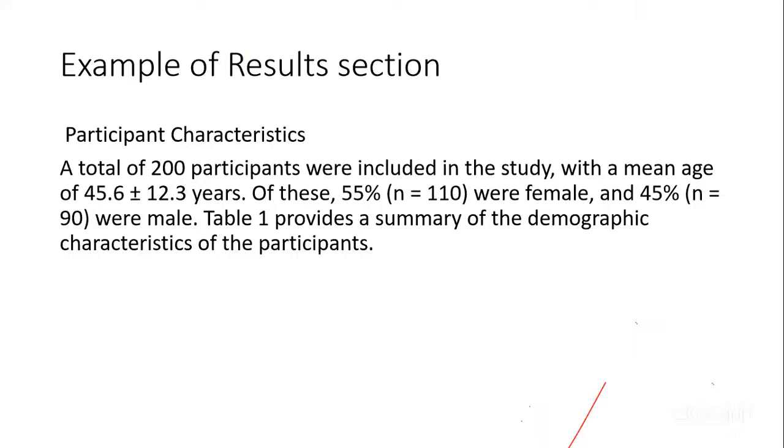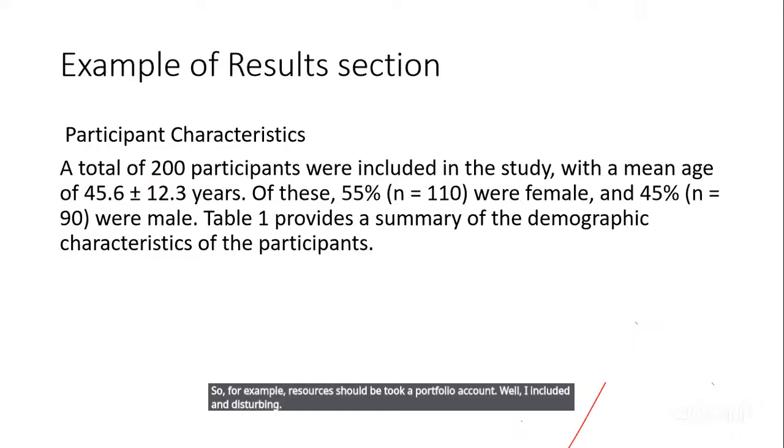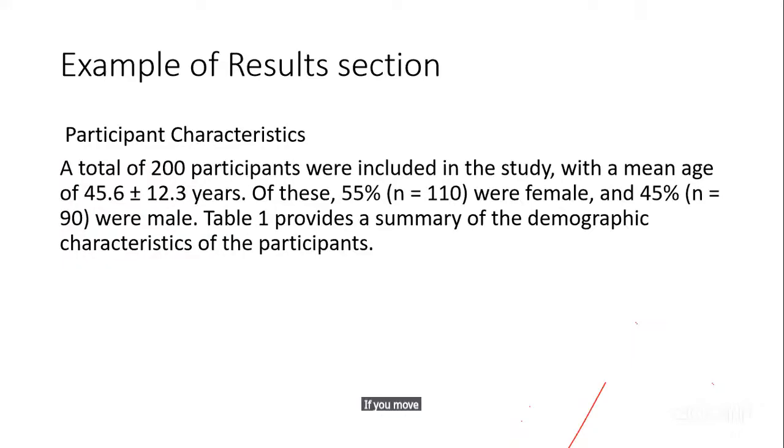Okay. So, an example of the results section: A total of 200 patients were included in the study with a mean age of 45.6, standard deviation of 12.3. Of these, 55%, that is 110, were female, and 45%, that is 90, were male.